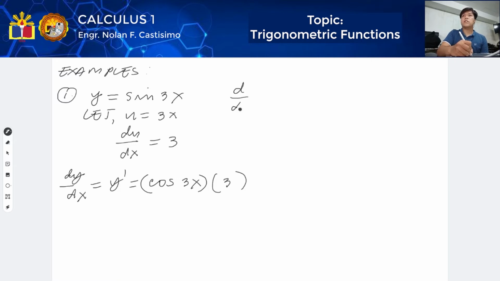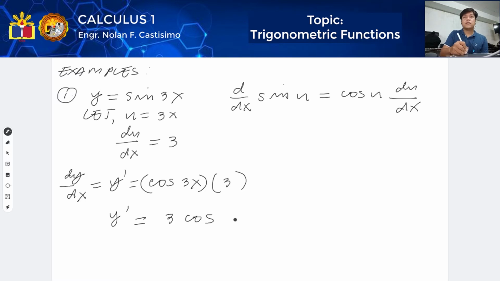Derivative of sine u is equivalent to cosine u du over dx. Okay? So, simplify lang natin, y prime is equivalent to 3 cosine 3x. So, ito na yung final answer natin.